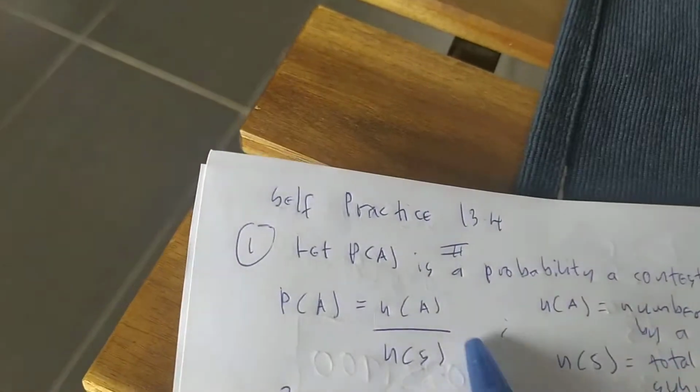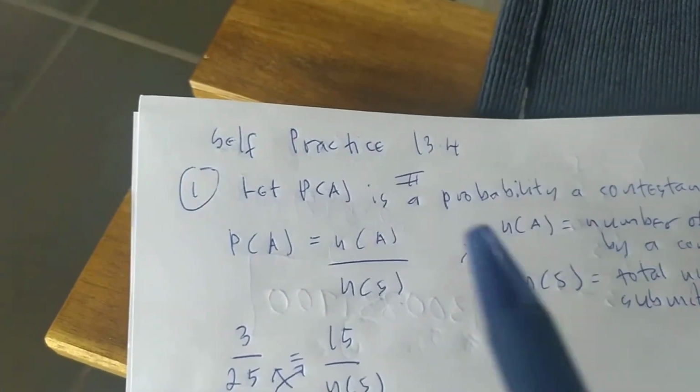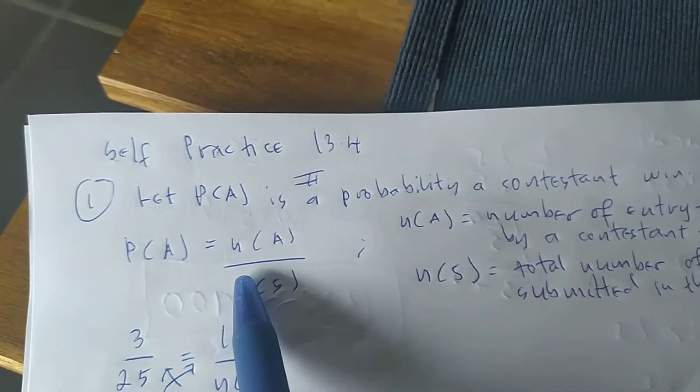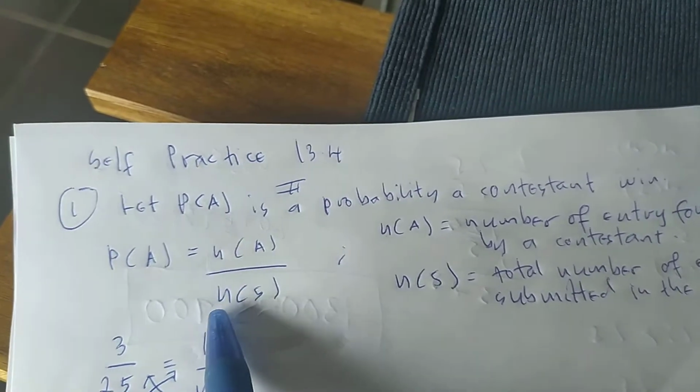Okay, so we are going to use the formula for probability, which is: probability of the event A is equal to the number of elements for the event A divided by the number of elements in the sample space.